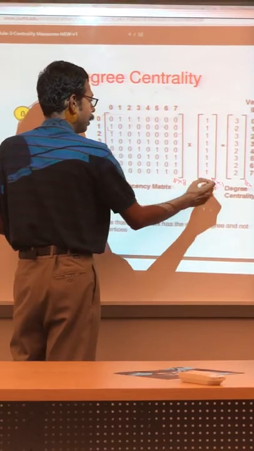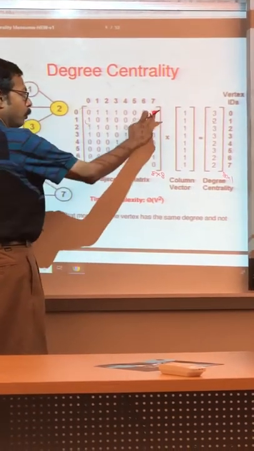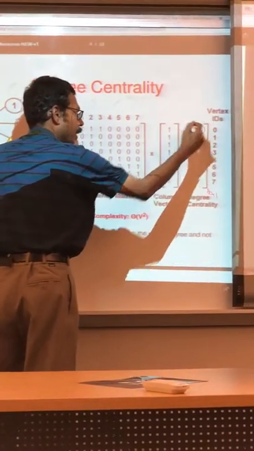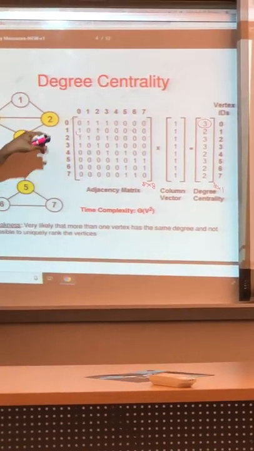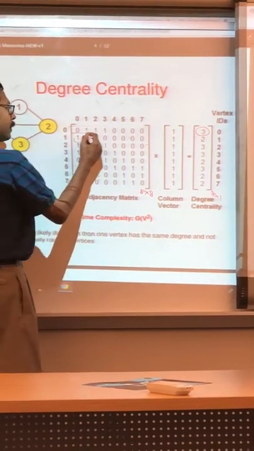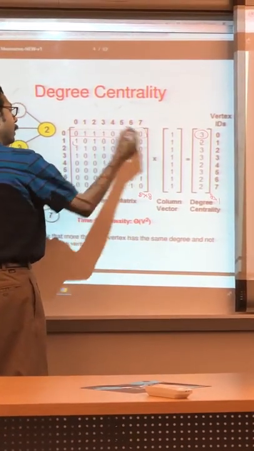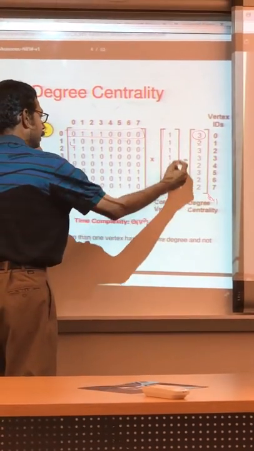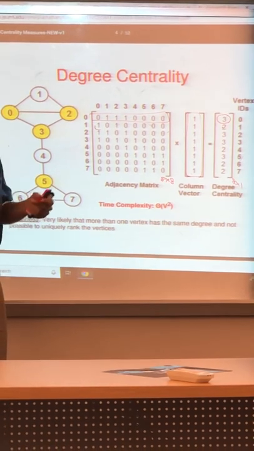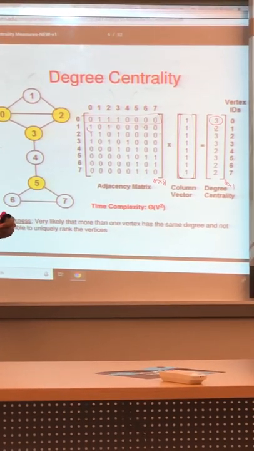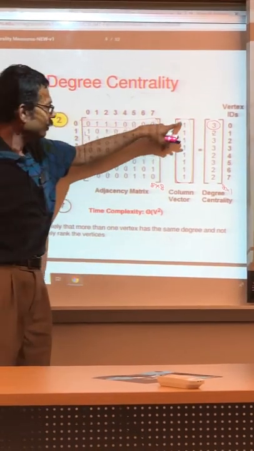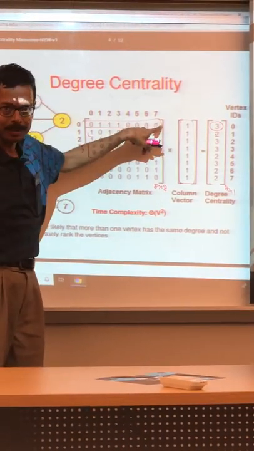I want to count the number of ones, so I want a scalar value. So I multiply this row vector by a column vector. Is that clear now? Is there a specific reason why we do all ones? The specific reason is I want to count the number of ones.